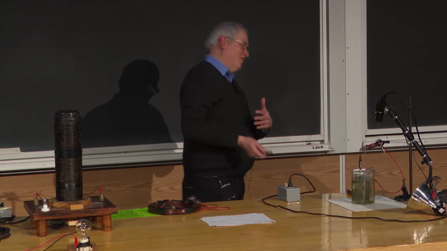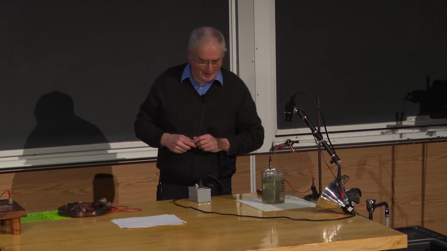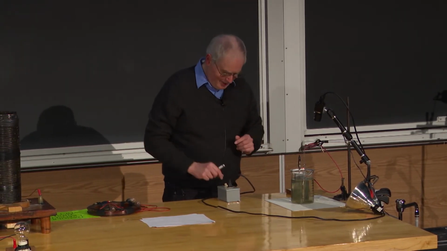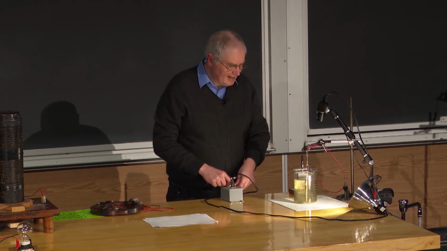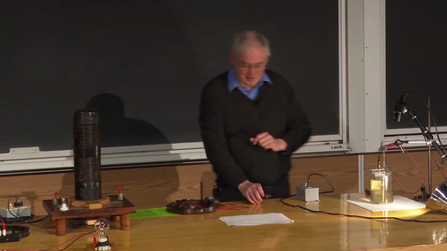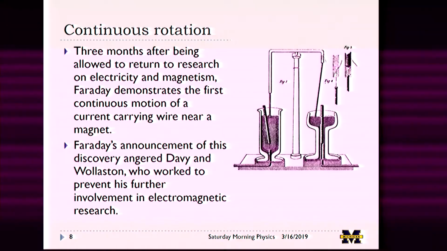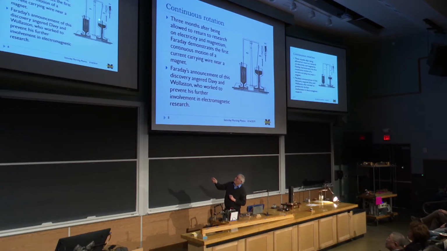Finally, he was done with that project and got to come back to what he was doing with electricity and magnetism. And one of the things that he did was, let me go to the next slide, was to take this, I'm going to use a laser pointer, this cup of mercury connected to the 2 sides of a battery and a wire hanging down with a magnet coming up through the mercury.